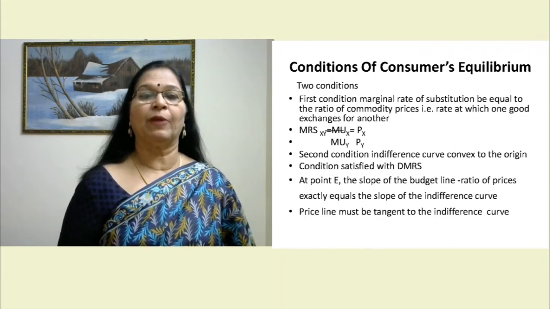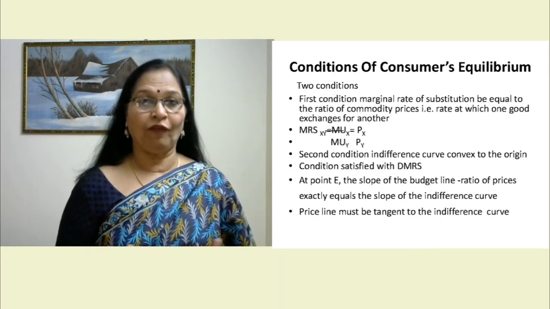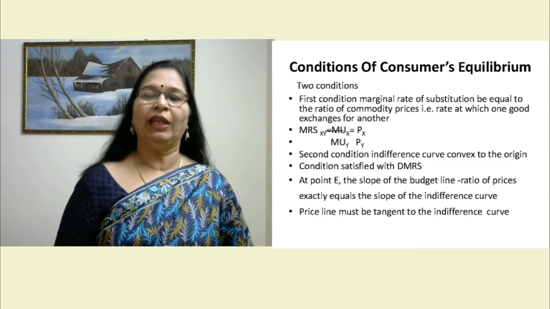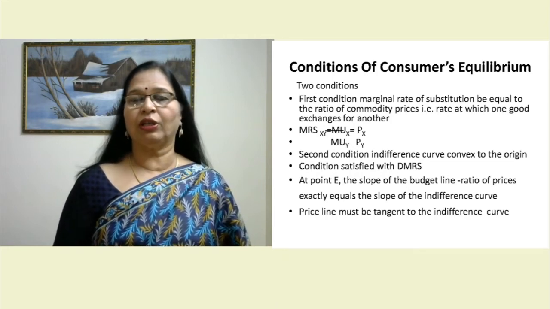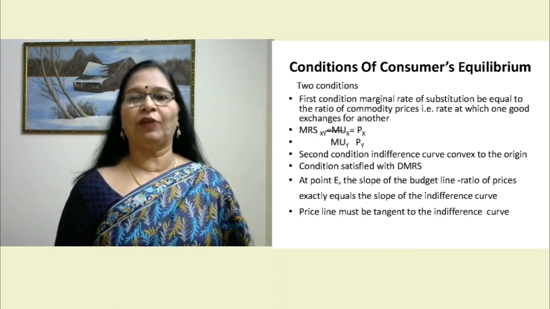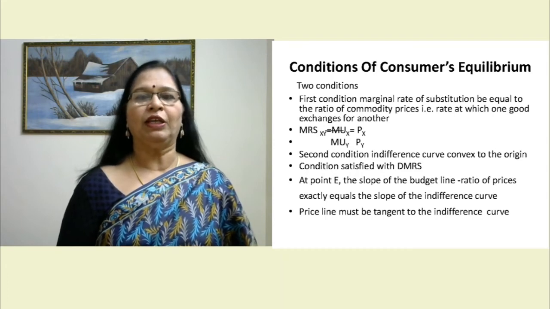The second condition is that the indifference curve must be convex to the origin, and only then can it rest upon the budget line. If it is concave to the origin, then we will not be able to explain the point of tangency the way we want to show the diminishing marginal rate of substitution.